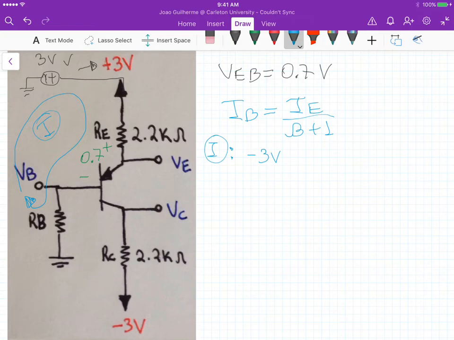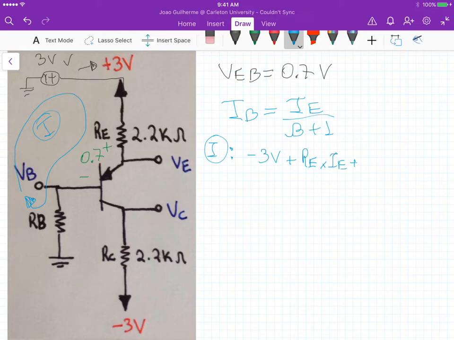After we cross this voltage source, we pass through this emitter resistance, and the voltage drop across this resistor is plus Re times the emitter current. Once we pass this Re, we need to cross this voltage source from the PN junction of the BJT, which is plus 0.7 volts because we are entering the positive terminal.